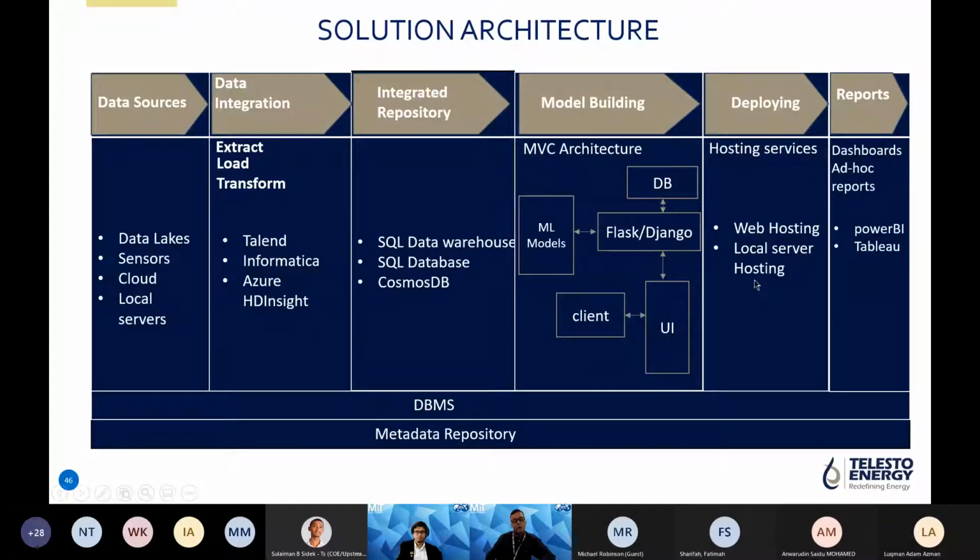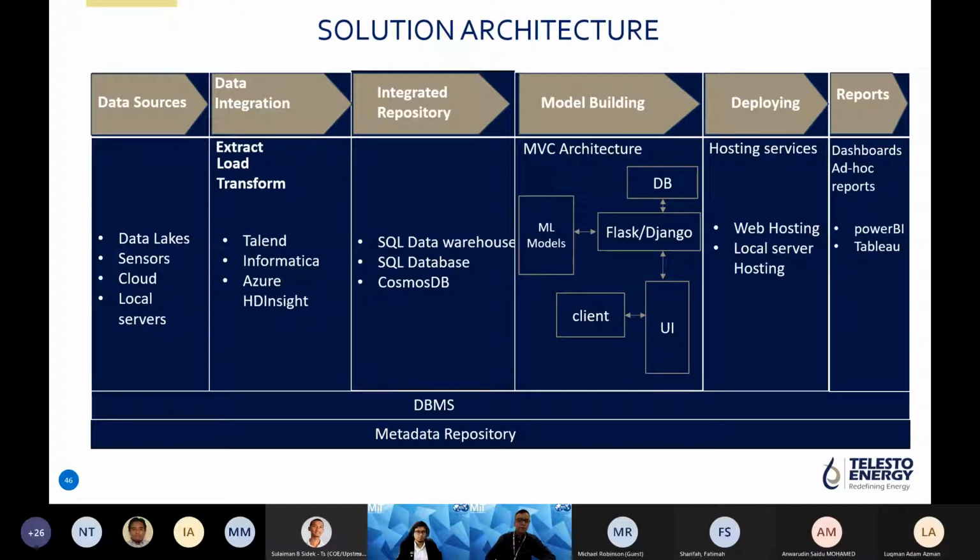So in our case, what we did, the data source, data integration, data repository, that's essentially your database, and your model building and deploying, and how you want to see the results. So these are all essentially the different components of this architecture. The data source can be anywhere.